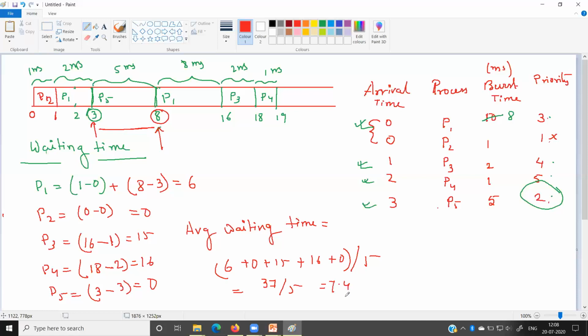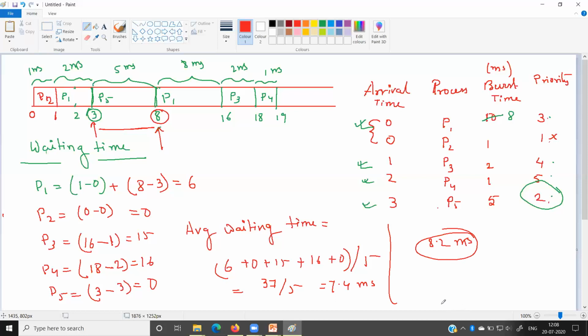In the previous case, if you can remember, the average waiting time was 8.2 milliseconds. In the previous case where all the processes had arrived, the average waiting time was 2.8 milliseconds. Fine. But here we can see the average waiting time is 7.4 milliseconds.